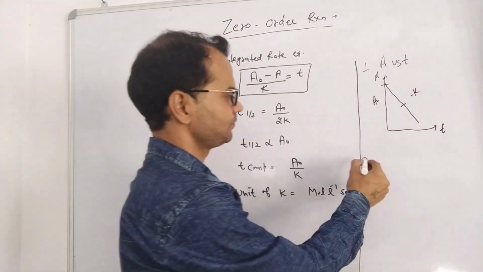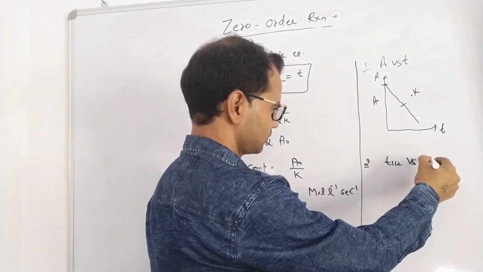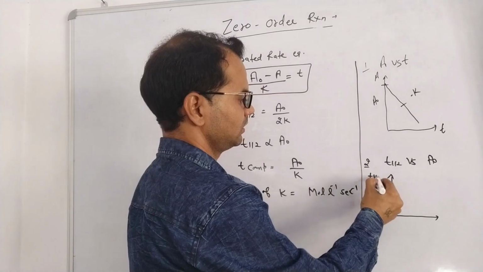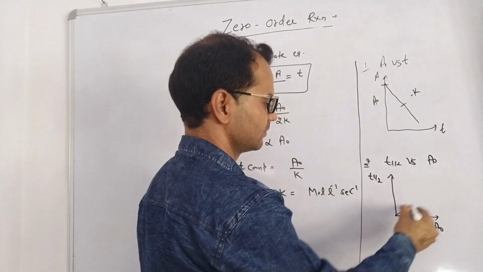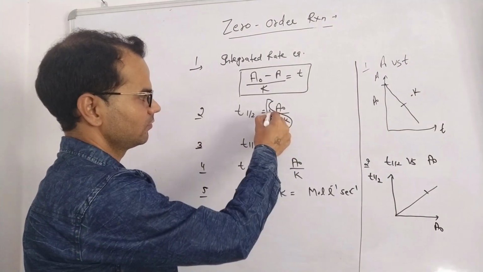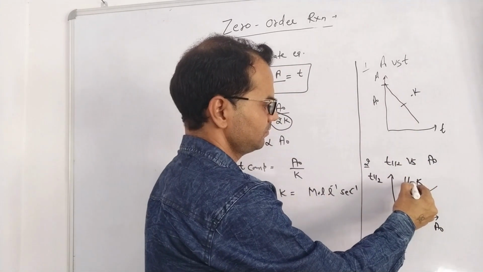Second is T half versus A naught. We can see from here the slope will be 1 by 2K.